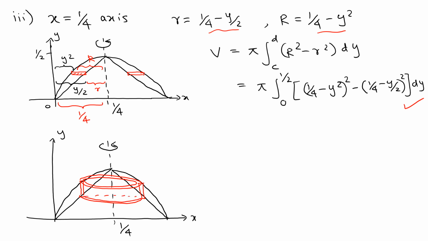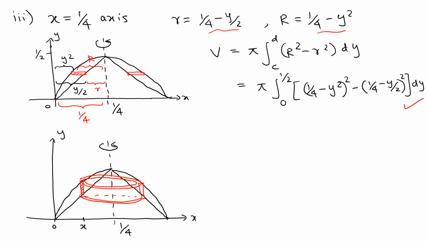Okay, so let's try to find those values now. Notice the thickness is in the x direction. Now see that it's a dx, not the height; the width is dx. So again, we pick a typical x here, and then we try to write everything in terms of x. So how to find the radius now?